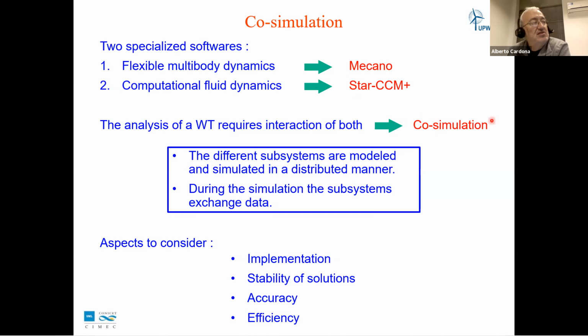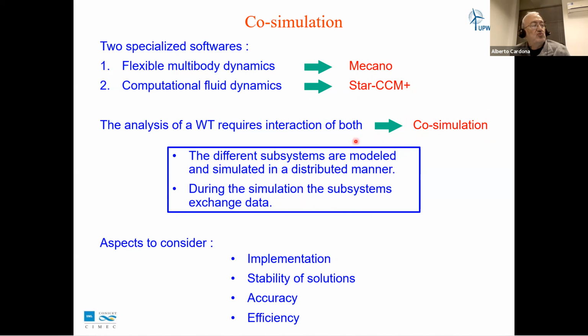This is what is called cosimulation. In a cosimulation, the different subsystems, the mechanical part and the fluid part, are modeled and simulated separately, but during the simulation, both subsystems exchange data.